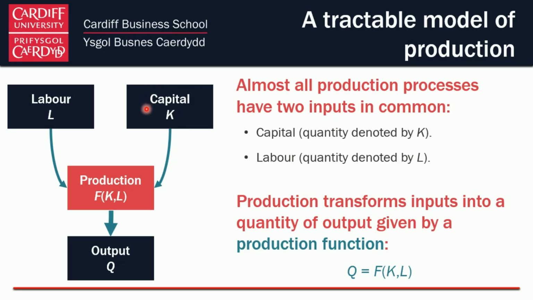You simplify them and you put them under an umbrella term called capital K. We're going to use the letter C for costs, so we denote capital with K. So F of K L, F is the production function. It's going to accept inputs as capital and labor, and it's going to produce the output Q. So when we write down Q is equal to F of K L, we're talking about a production function.